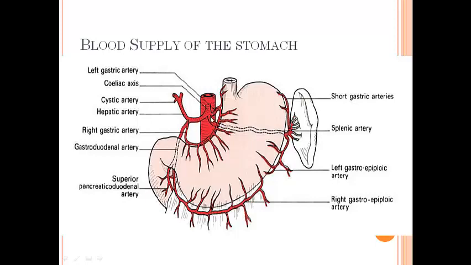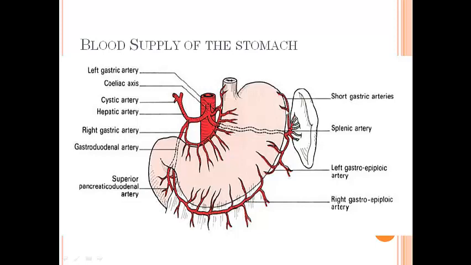Now the second branch that comes out of the celiac trunk is this long one here, and if we follow it, you'll see that it's passing behind the stomach and eventually reaching the spleen. So we're going to call this one the splenic artery, since it passes to supply the spleen. The splenic artery gives off a set of arteries here that pass to supply the fundus of the stomach, and these are called the short gastric arteries.